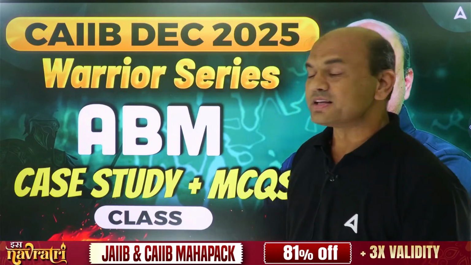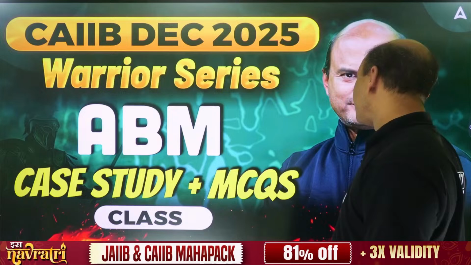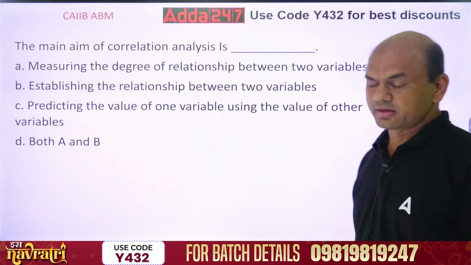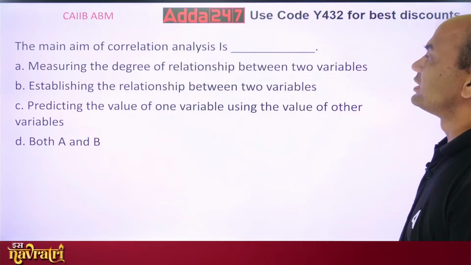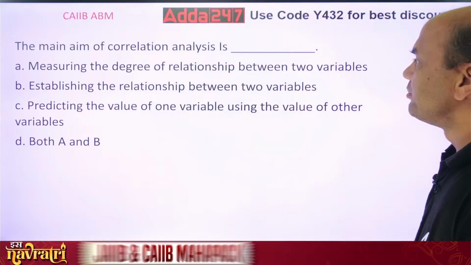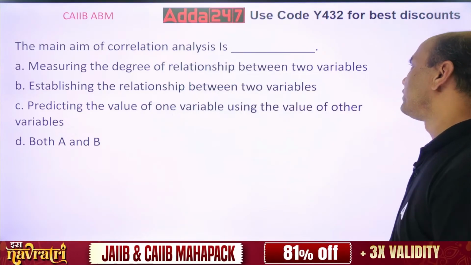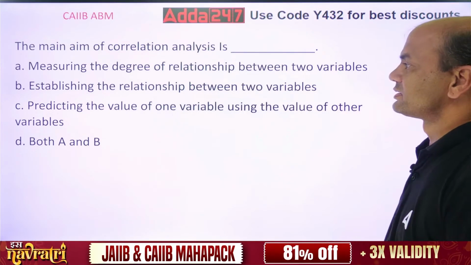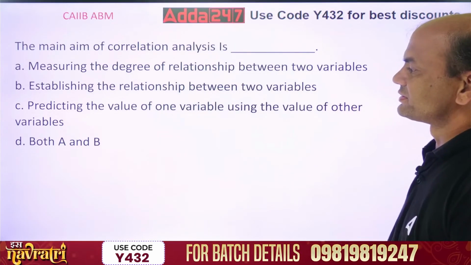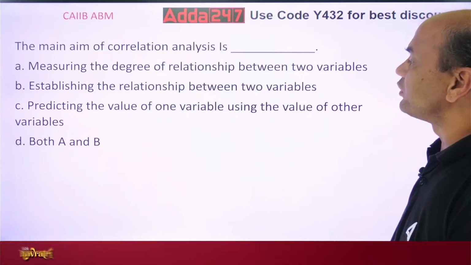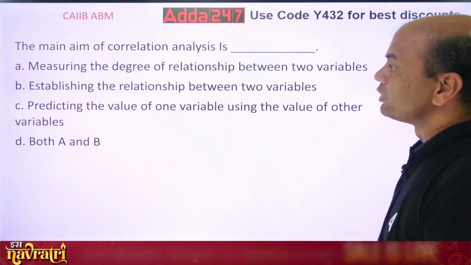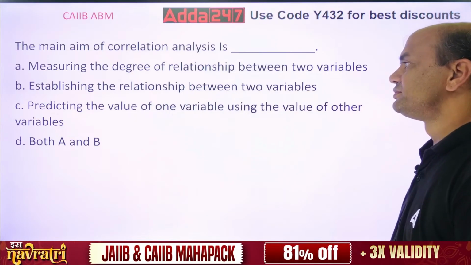Okay? Let's move on. First question. The main aim of correlation analysis is: measuring the degree of relationship between the two variables, establishing the relationship between the two variables, predicting the value of one variable using the value of other variable, or both A and B. So which one is correct?